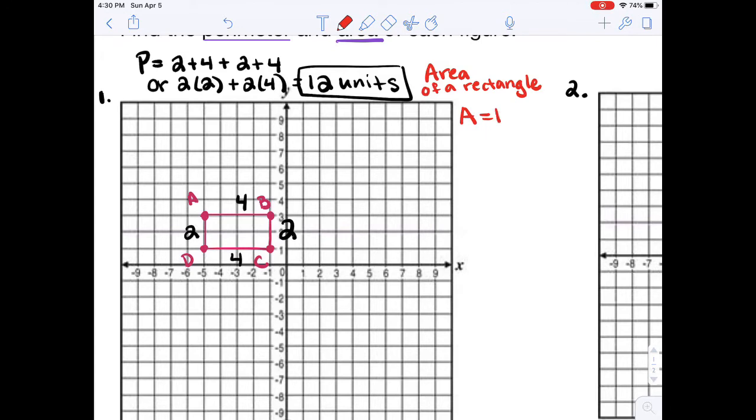It's just area equals base times height. The base of any figure is always perpendicular to its height.